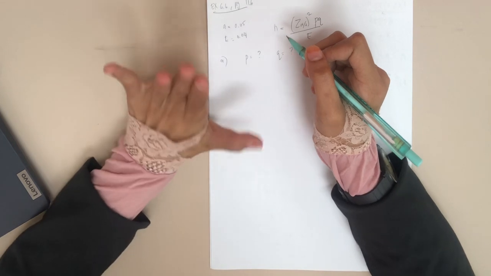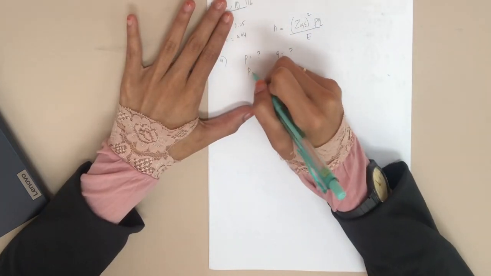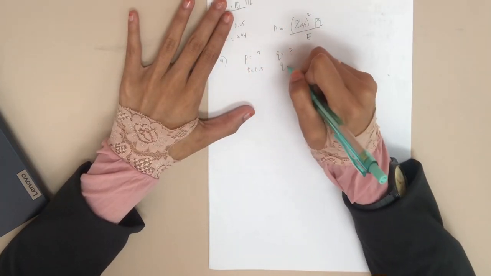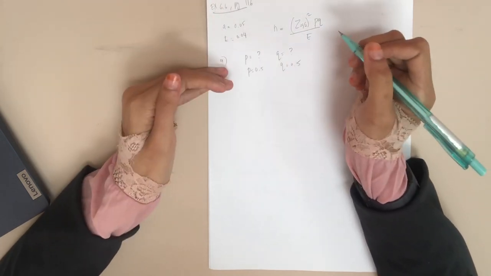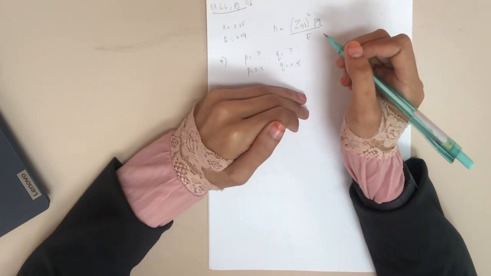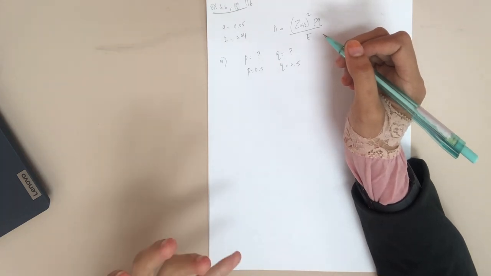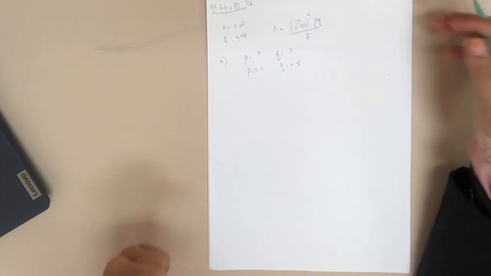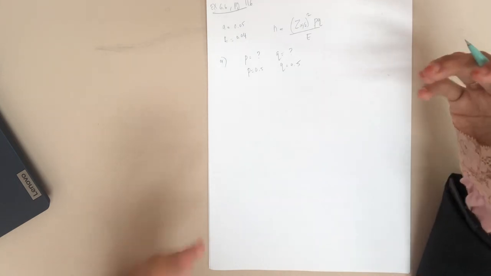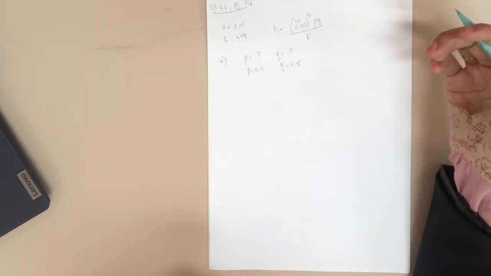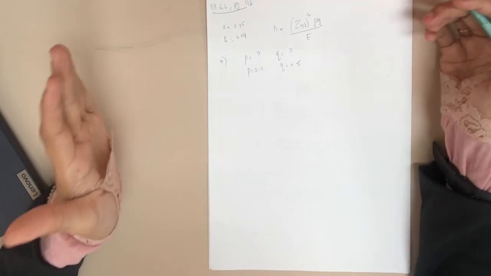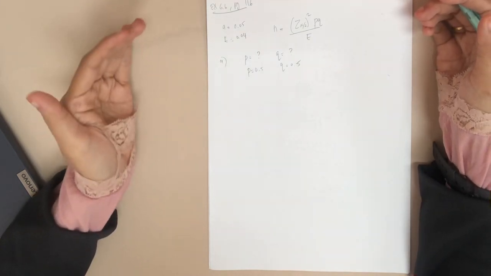So what we do is we let P equal 0.5 and Q also 0.5. Every time you get an equation like this, with no idea about P, you let your P be 0.5 and your Q also 0.5.